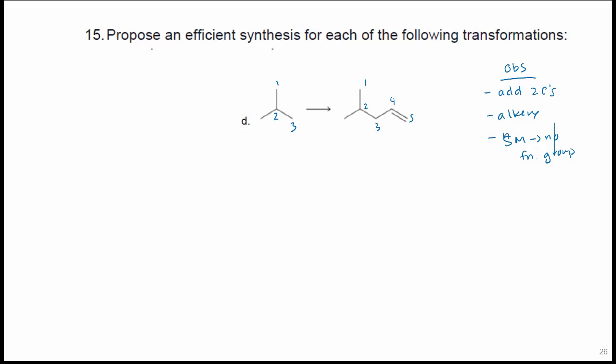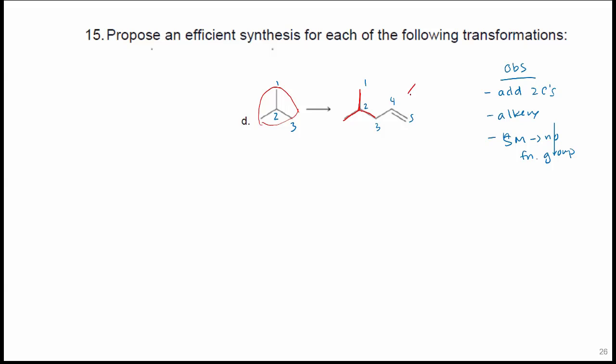One of the things that you want to look at also is the location of the functional group, which is between 4 and 5. And if you look at the starting material, this part right here, this isobutane, is this one right here. So I'm adding carbons 4 and 5.